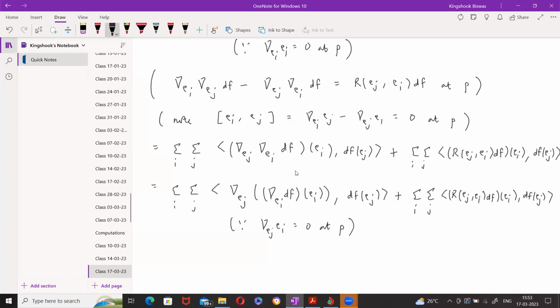Now, if I sum over I inside, I can take the sum over I inside, right? So this will be a sum over J of inner product of nabla EJ of sum over I nabla EI DF EI, right? This thing inside is just the tension field, right? This is tau F, right?